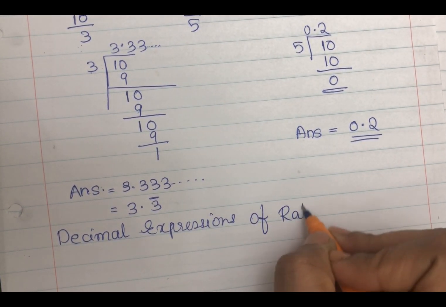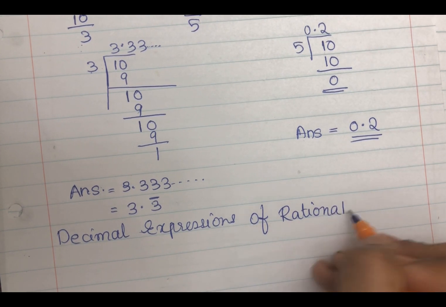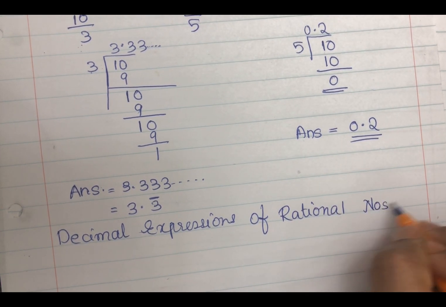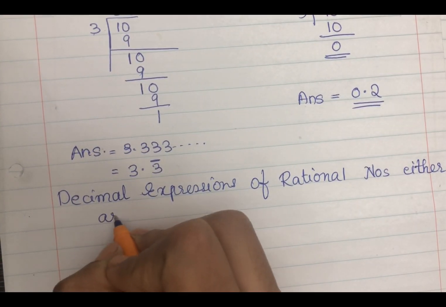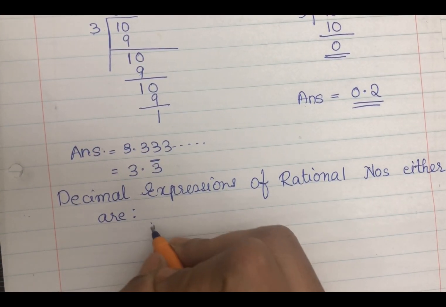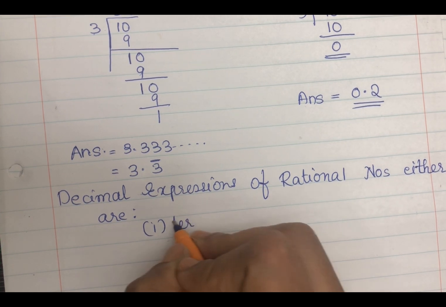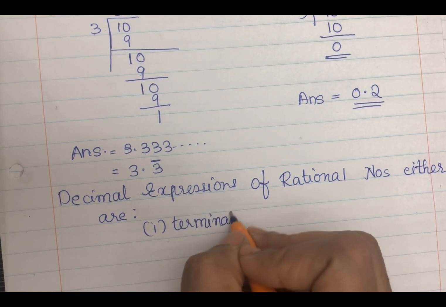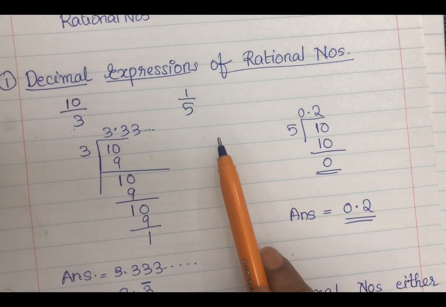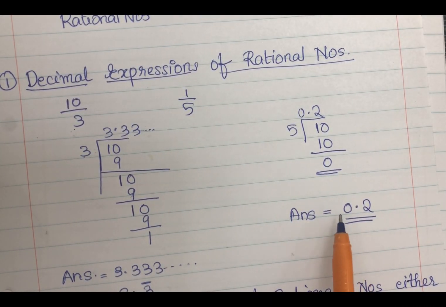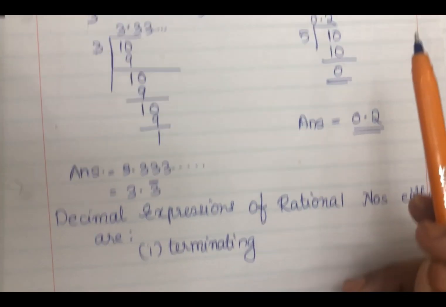So the decimal expression of rational numbers either are, first case, terminating, as in the case of 1 by 5, we got the answer as 0.2, which is terminating.